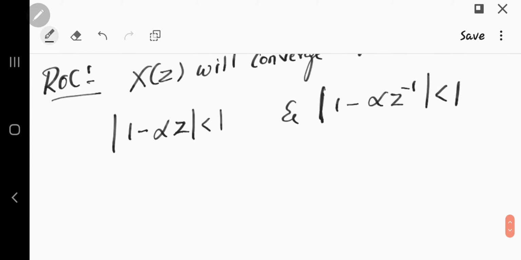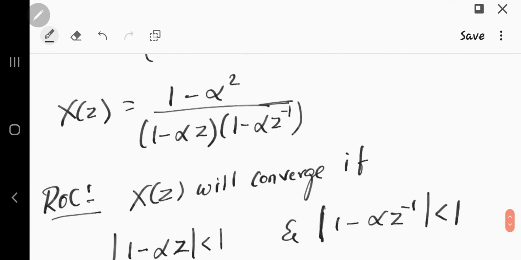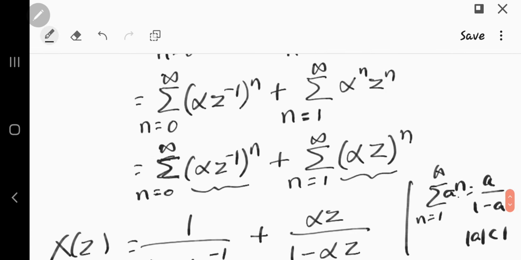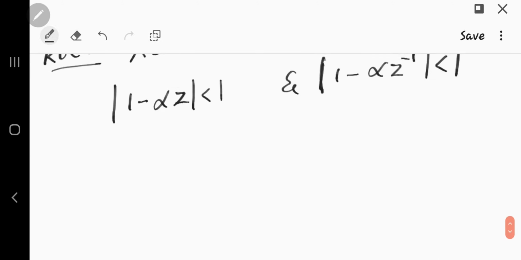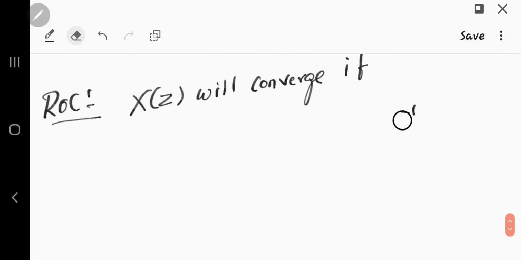Now if you simplify this, let me see here. So alpha z inverse and alpha z. I made a mistake here slightly.